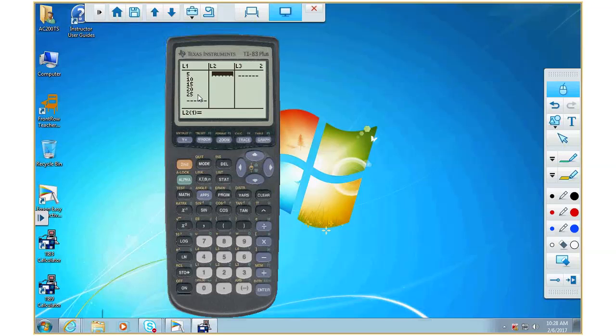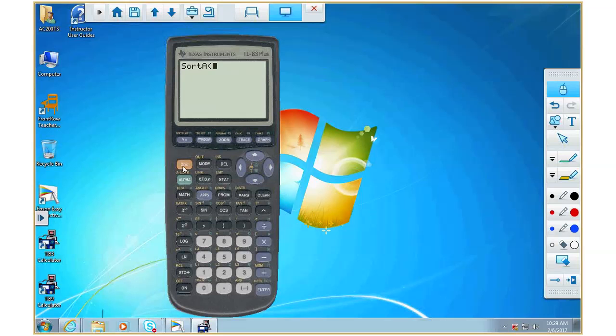Type them in order. Now let me just do that for you right quick. 10, 5, 25, 15, 5, 10, 15, 20, and 20. And then you want to put it in order. Then you hit Stat, you hit Edit, and you hit Sort, and they sort in order.